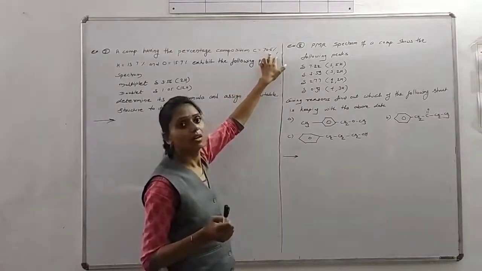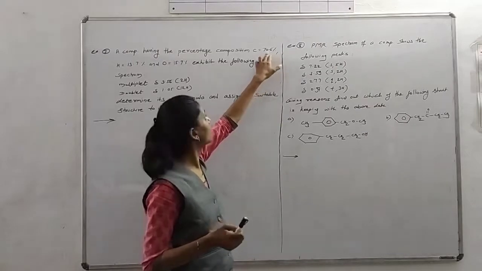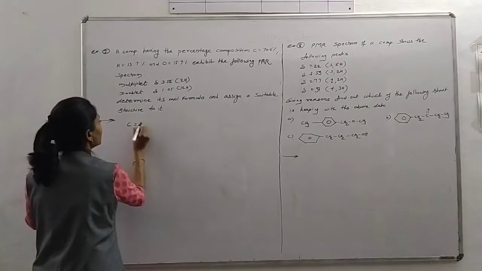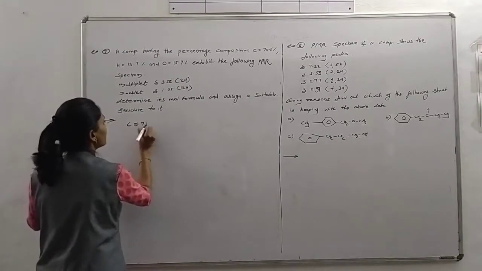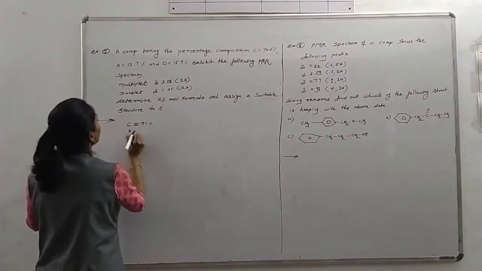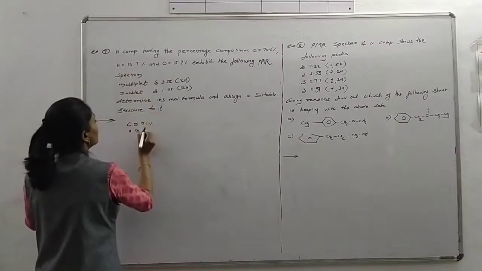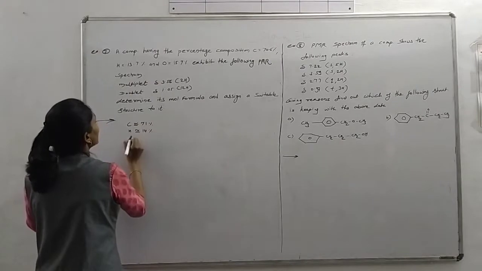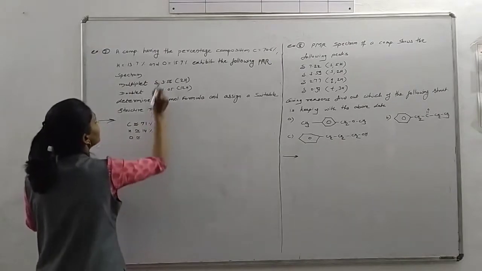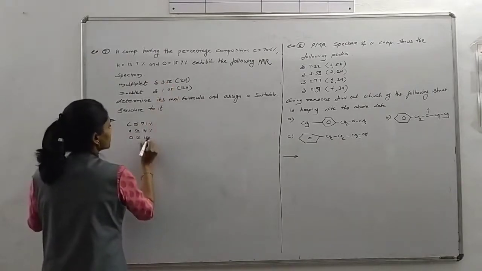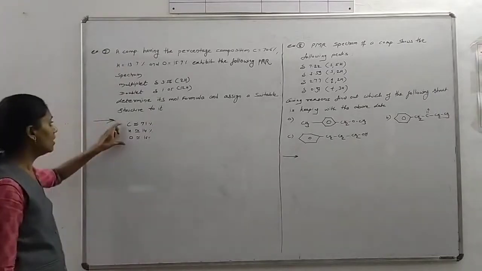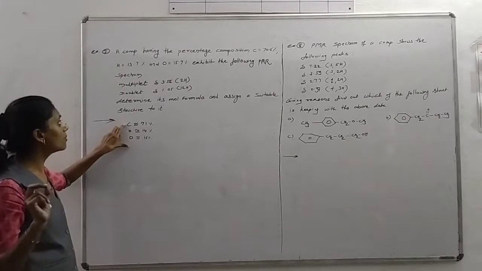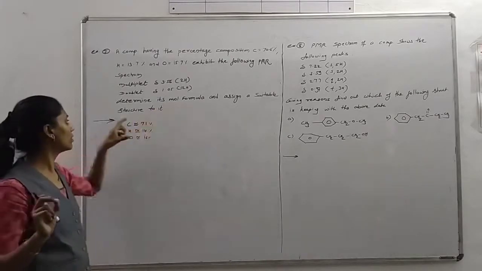70.6, that means nearly 71%. Here we write carbon approximately 71%, hydrogen approximately 14%, and oxygen approximately 16%. Okay. Now the molecular formula from the molecular mass.